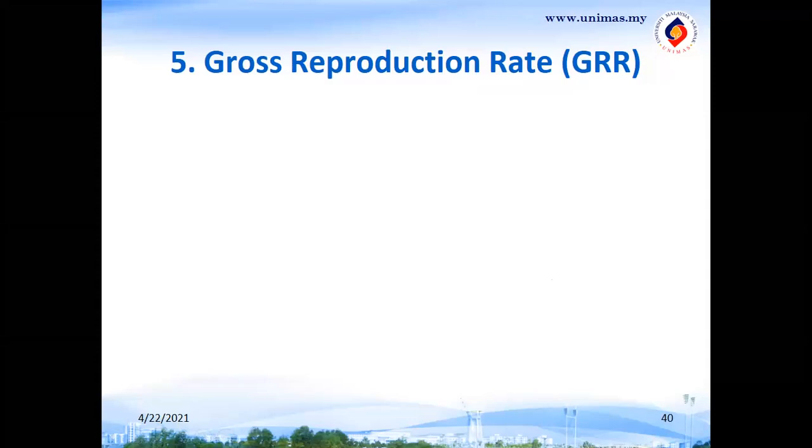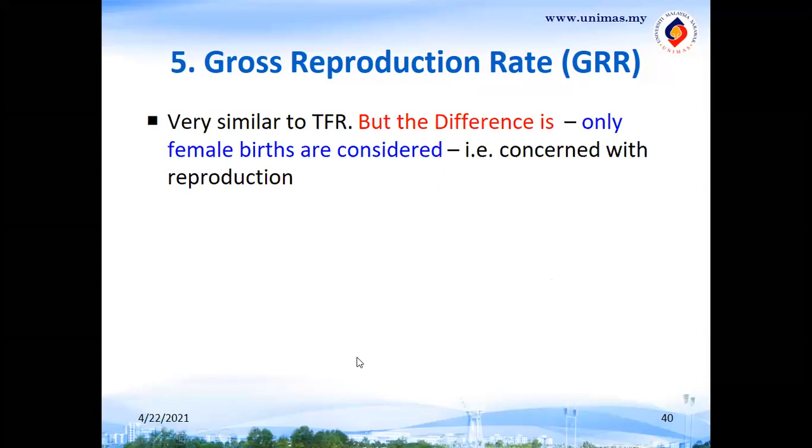Gross reproduction rate. Apa maksud GRR ni? It's quite similar to the total fertility rate, tetapi bezanya, the difference is only female births are considered. Jadi hanya melihat kepada anak perempuan, ya, anak perempuan yang dilahirkan. Jadi anak lelaki ni dia tak boleh melahirkan anak. That's the issue lah. Itu sebenarnya the reason behind this.